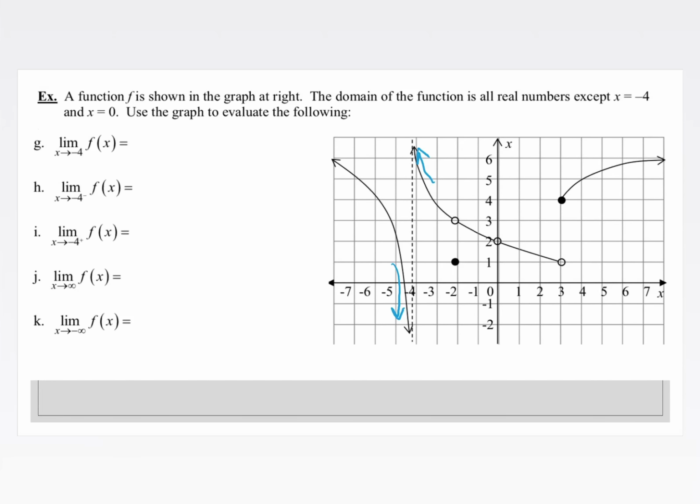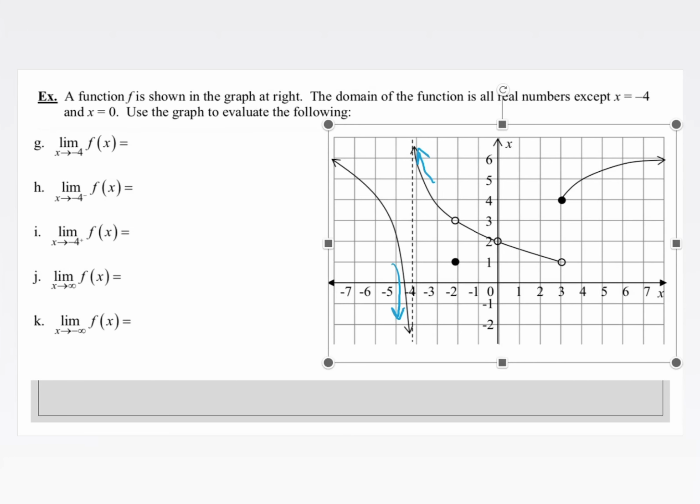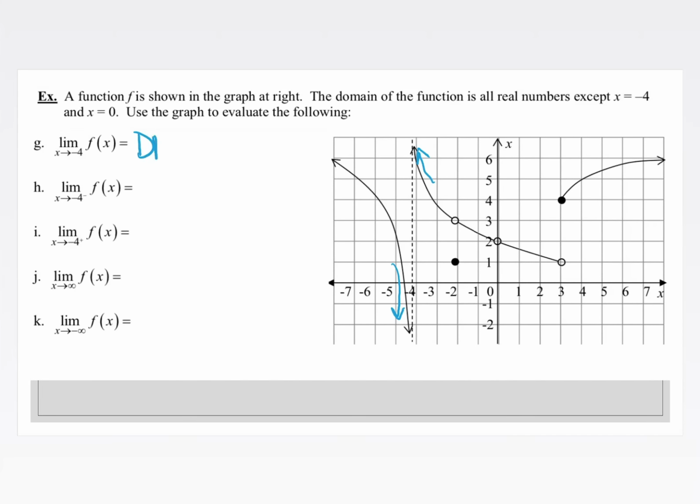But we actually do not settle on a specific value from the left-hand side and the right-hand side. They do not match. So the limit as x approaches negative 4 of f of x does not exist. But as we just said, if we come in from the negative side, we go down to negative infinity. And from the right-hand side, we go up and up and up to positive infinity.